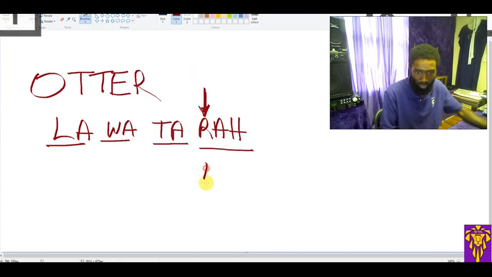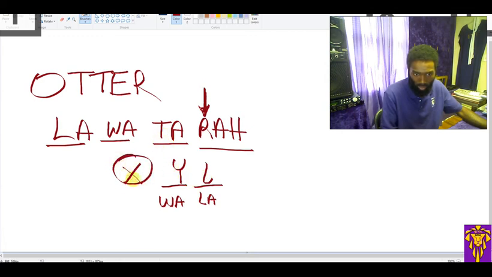Right to left. La. Wa. La. Wa. Ta. The X within the O. Okay, so that's La. The Y. That's a Y. La, wa, ta, X within the O. La, wa, ta, ra.